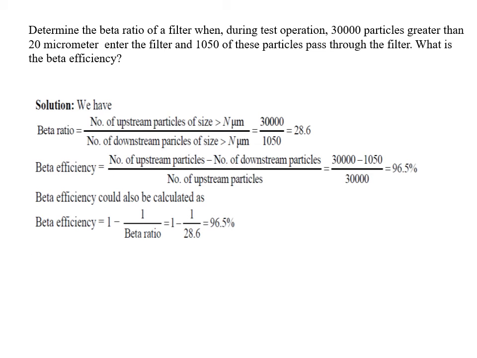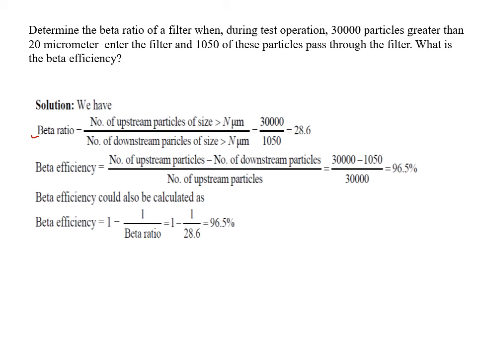Lastly, we will consider this numerical, which was asked for 4 marks in the exam. Determine the beta ratio of a filter when, during the test operation, 30,000 particles greater than 20 micrometer enter the filter and 1050 of these particles pass through the filter. What is the beta efficiency for that filter? First we need to find the beta ratio.